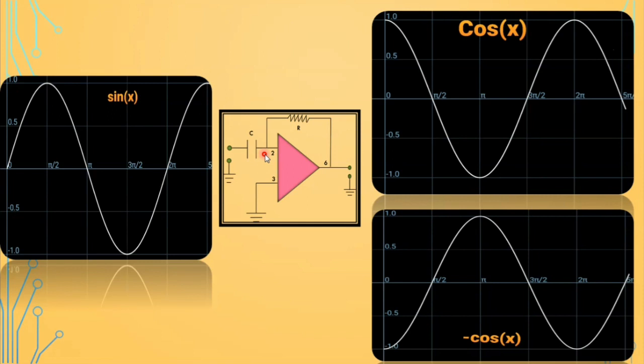But here we are passing the sine wave at the inverting terminal, so the output wave gets shifted by 180 degrees. So the correct output wave is this one. In simple differentiation we would get a cos wave, but here we have introduced the negative sign, so this wave is inverted and we get this waveform. So this is the correct option.